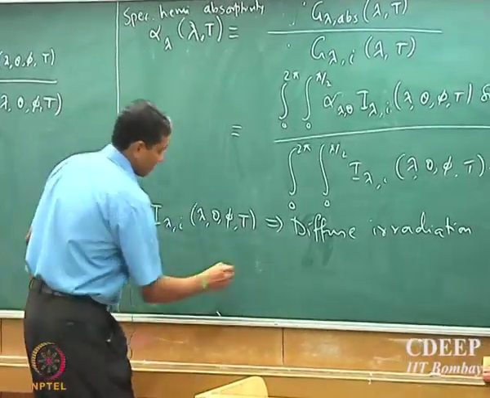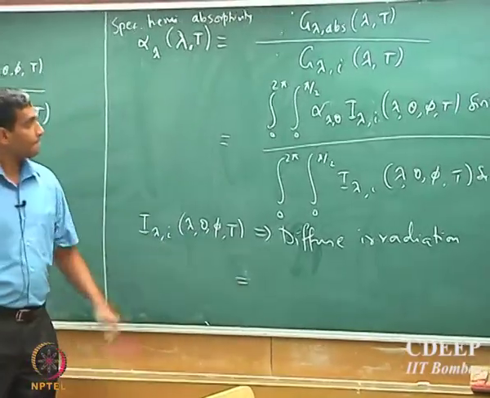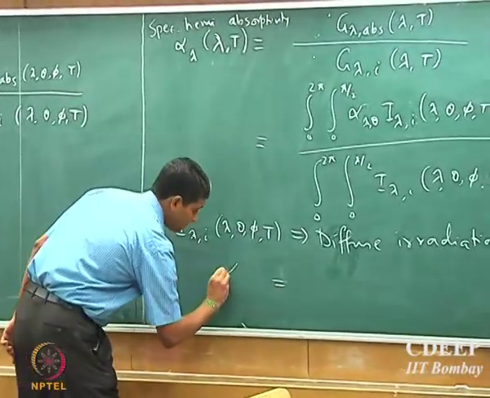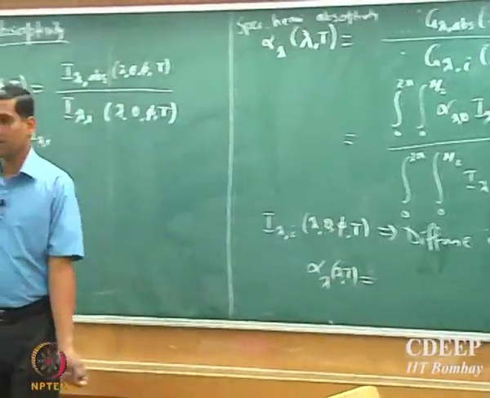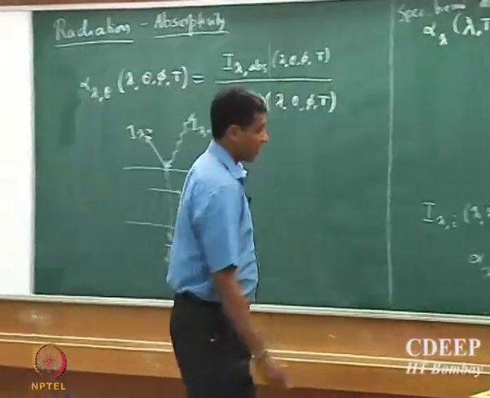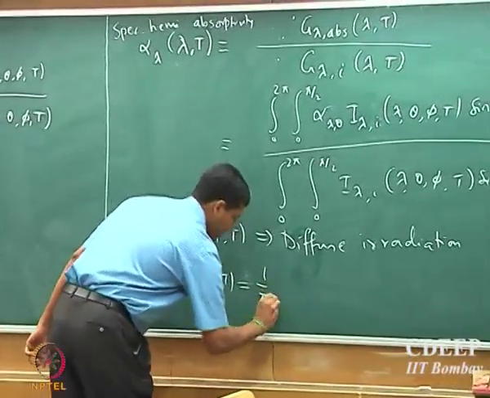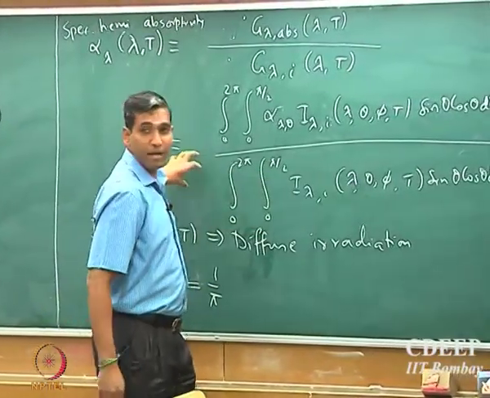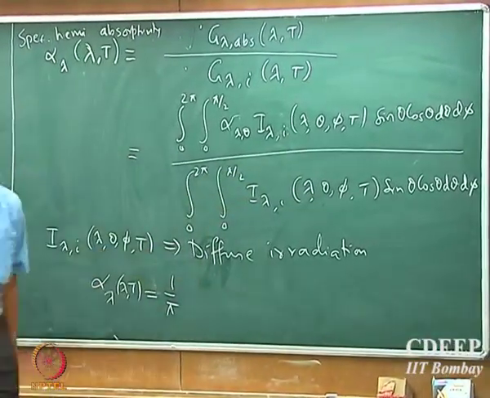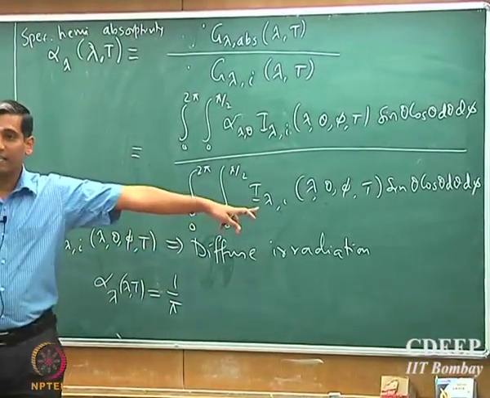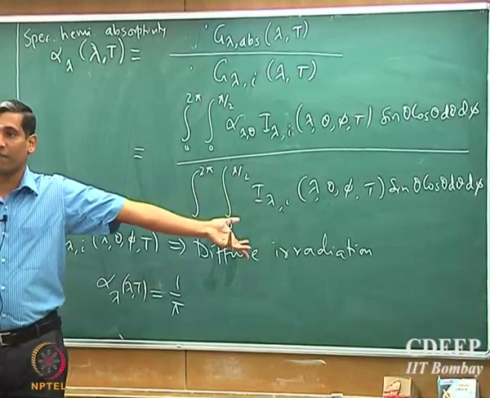So in which case, what will be alpha lambda? It will be 1 by pi. I lambda i will come out because it is independent of theta and phi, so that will cancel out, and the integral of sin theta cos theta d theta d phi is nothing but the solid angle of a hemisphere.